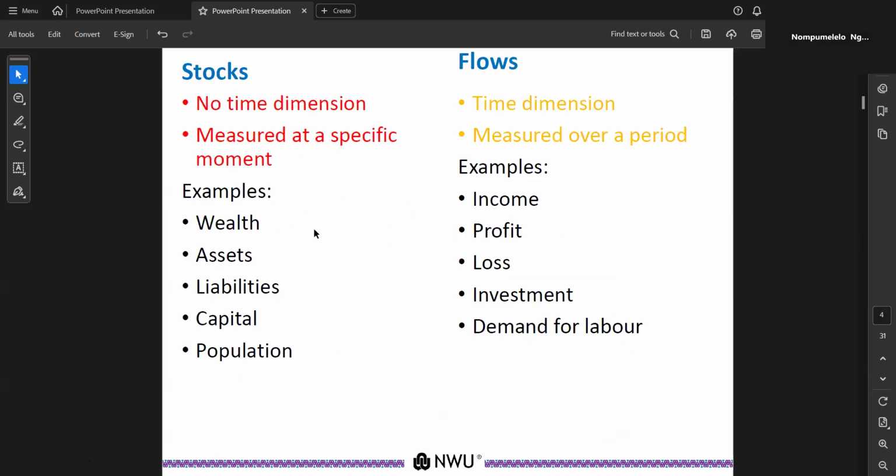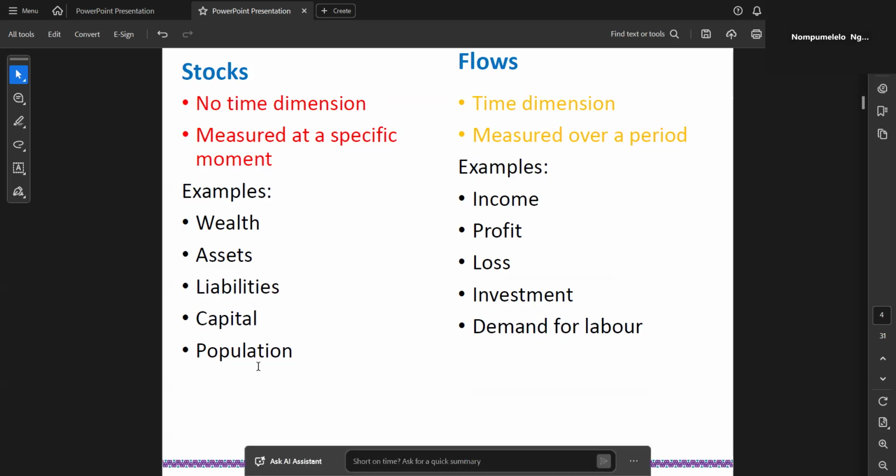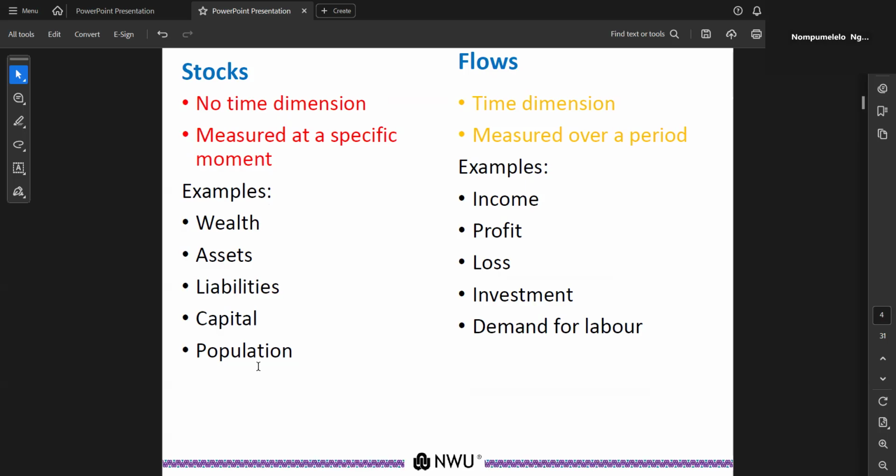Here they give a difference between stocks and flows. Stocks have no time dimension and are measured at a specific moment. For example, wealth, assets, liabilities, capital, and population. When I try to remember stocks, I say it is something that is currently happening. It does not happen over a period of time.